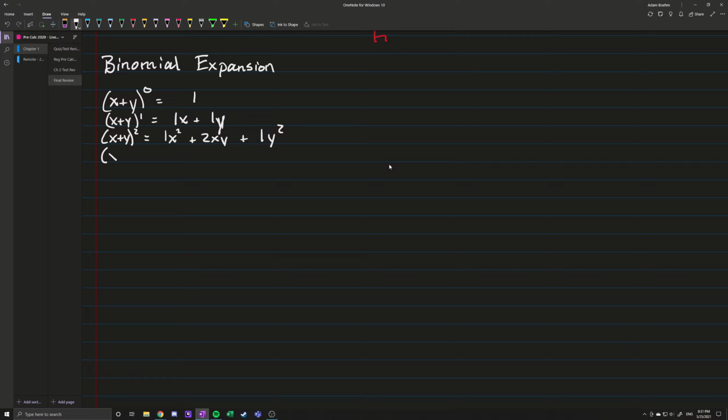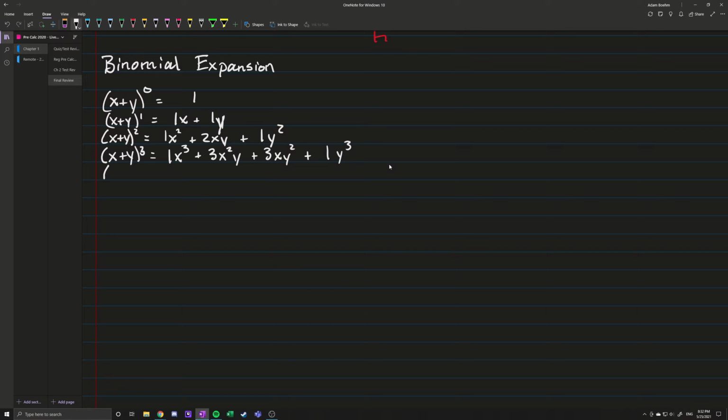If we FOIL in another x plus y to get x plus y cubed, we get 1x cubed plus 3x squared y plus 3xy squared plus 1y cubed.